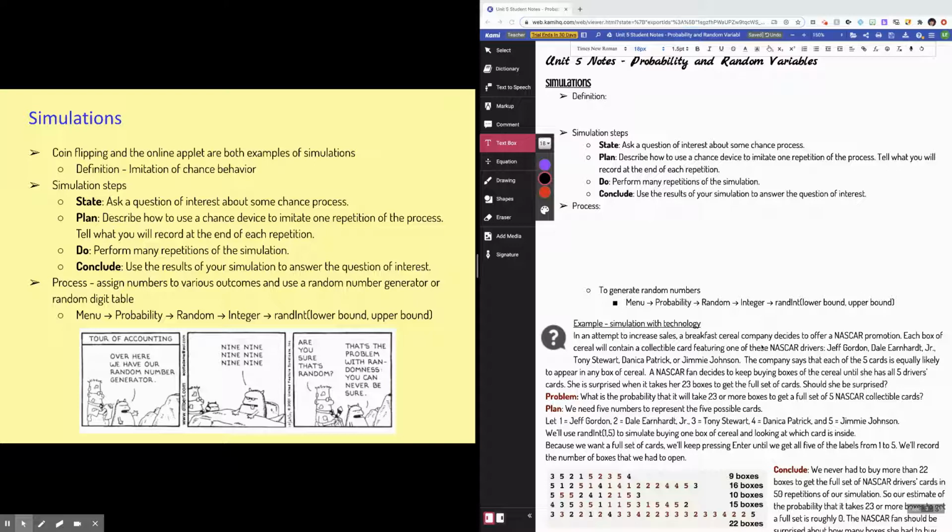When I ask you to go out and take a sample of something, and then we put all of those samples together, or roll a pair of dice to simulate an outcome occurring, or flip a coin, or pull a number out of a hat, and a lot of the Desmos activities we've looked at have had computers running simulations for us. So flipping a coin, online applets are examples of simulations. A simulation is just an imitation of a chance behavior.